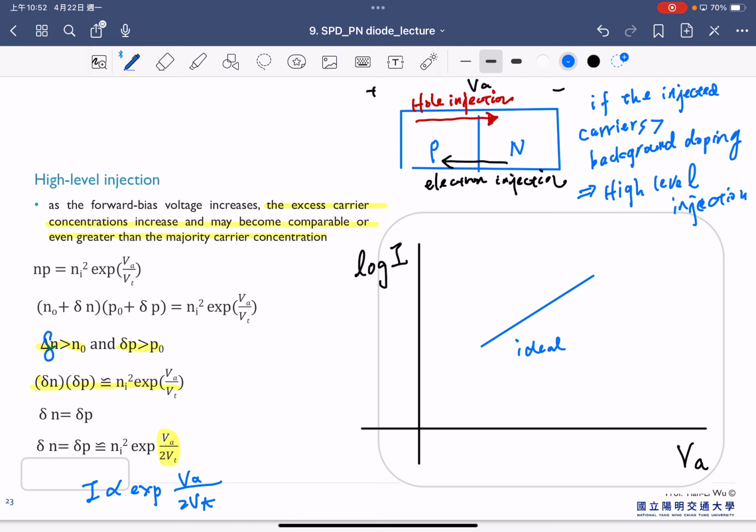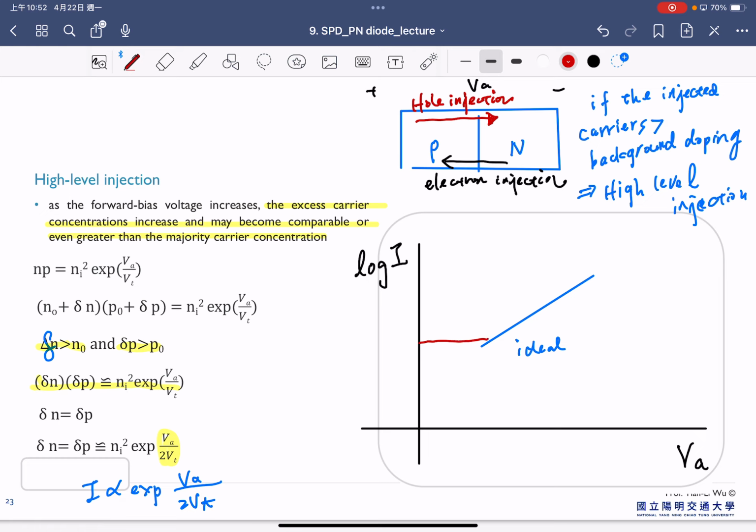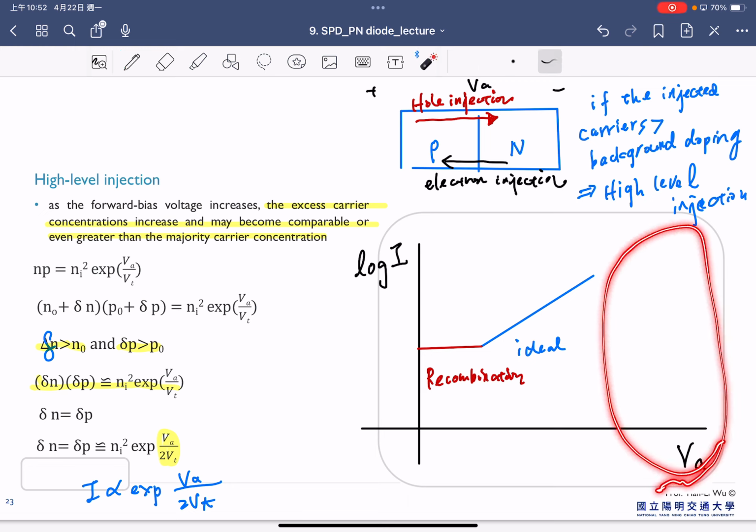And in the previous slide, we saw that the low voltage region is dominated by recombination. But now, under the large bias region, we also have high level injection.